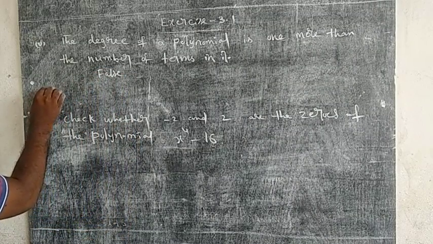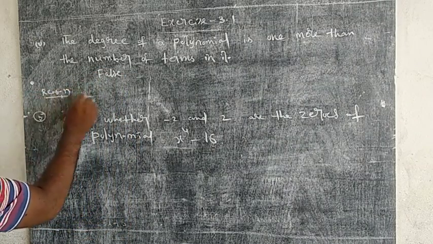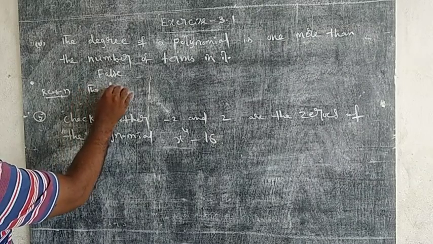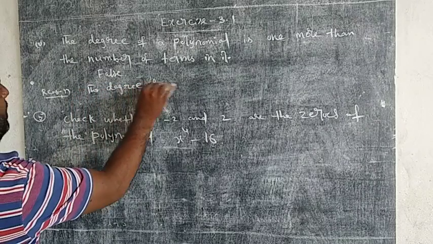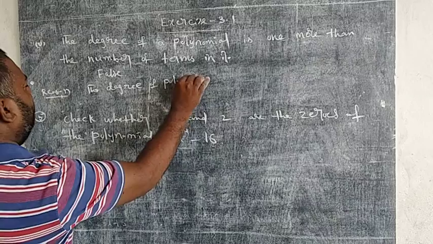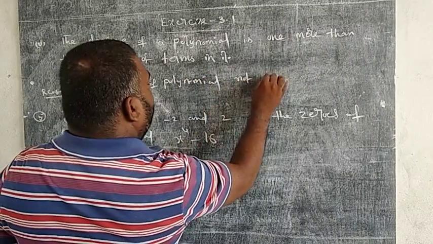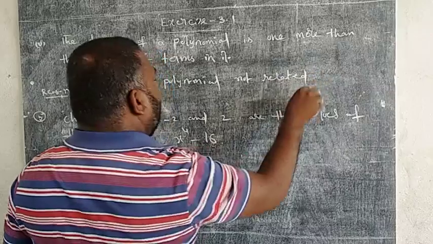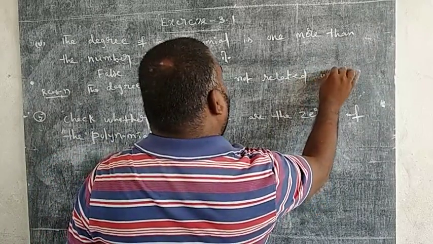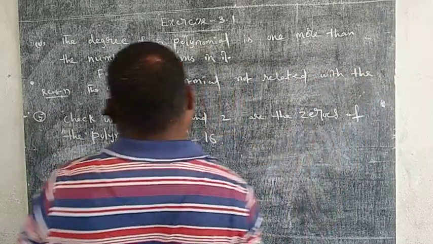So the reason: the degree of a polynomial is not related with the number of terms in it.